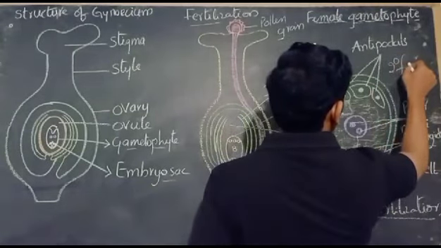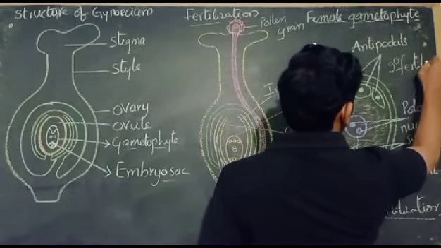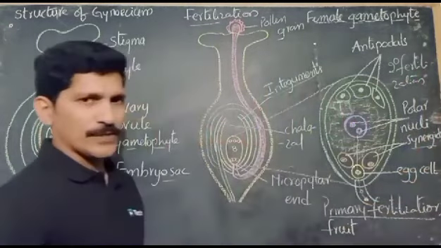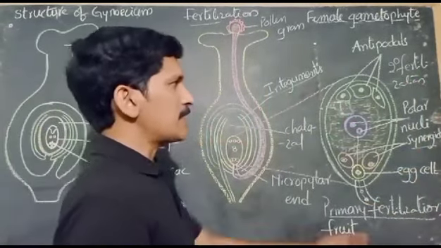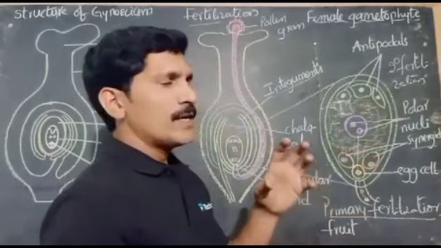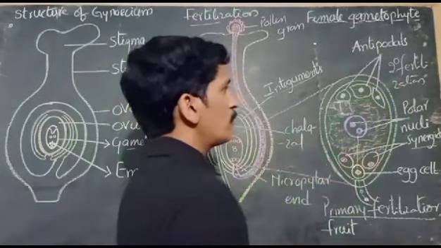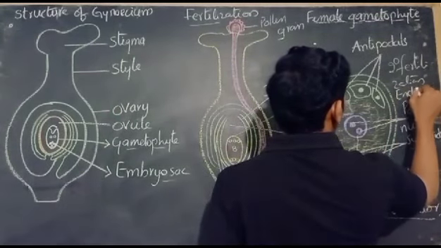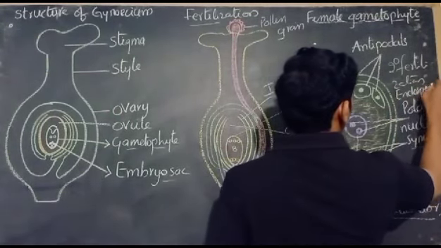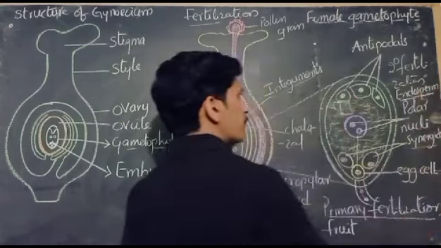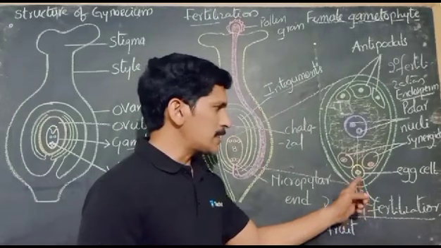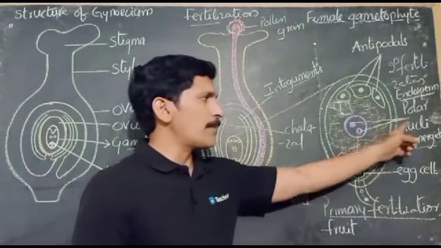Secondary fertilization results in the formation of a special kind of tissue called the endosperm.